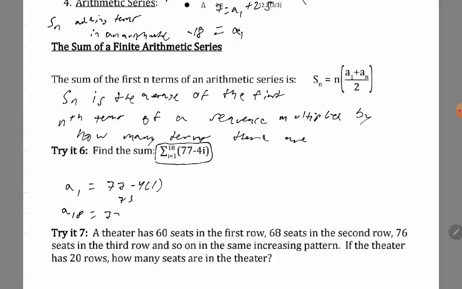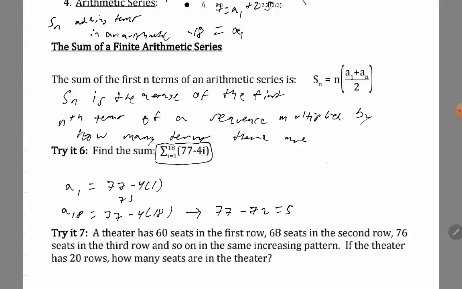And then 77 minus 4 times 18, which means 77 minus 72. So that should be 5.